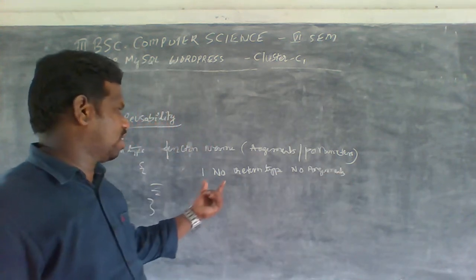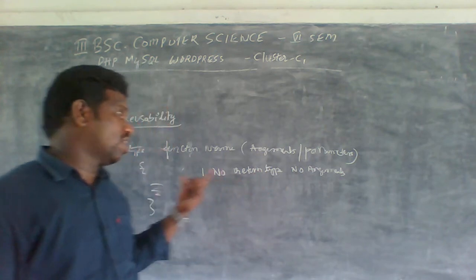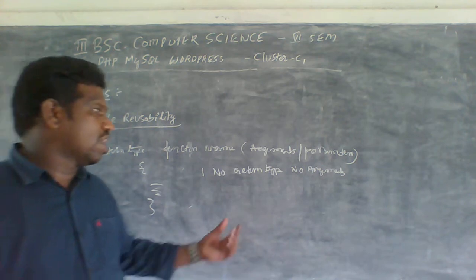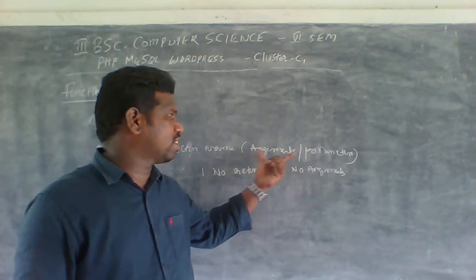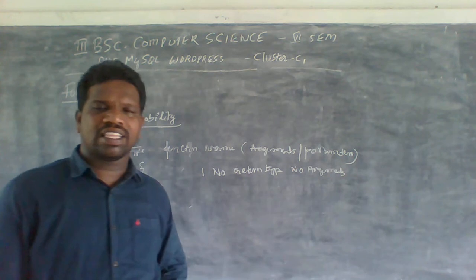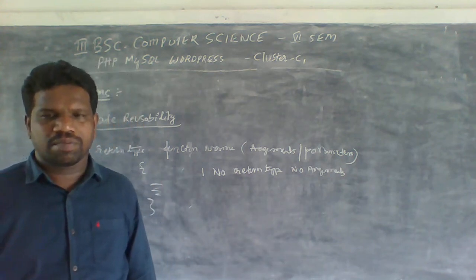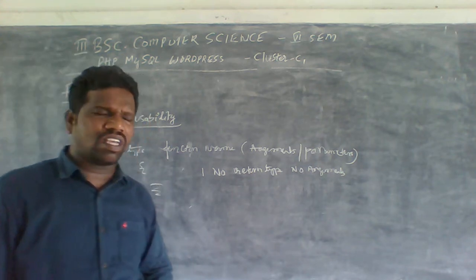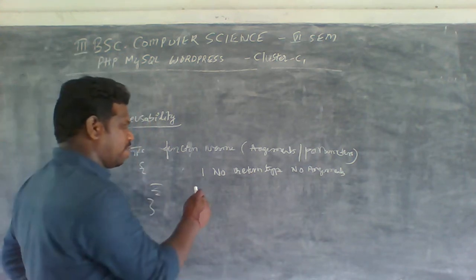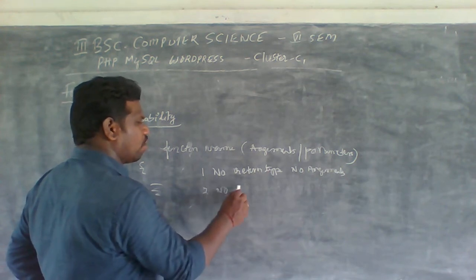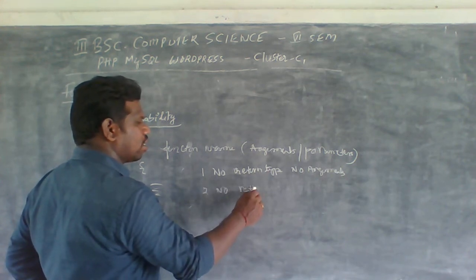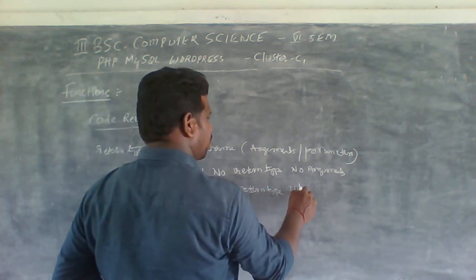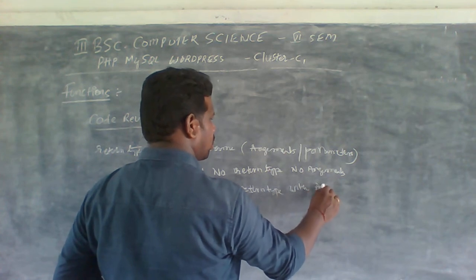In this case, there is no return type like void, int or float, and there are no arguments. Within the brackets we don't provide any parameters to execute the program. Another type is no return type with arguments.